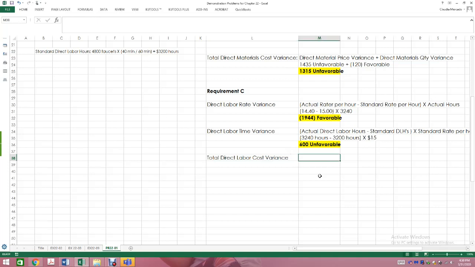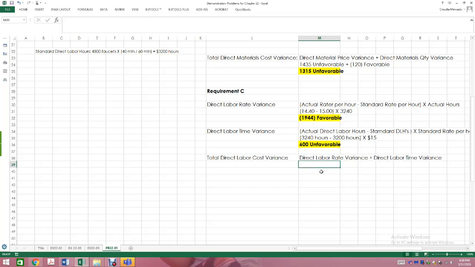Our total direct labor cost variance is basically your direct labor rate variance plus your direct labor time variance. So it's these numbers. You're going to add these two calculations that you have here.